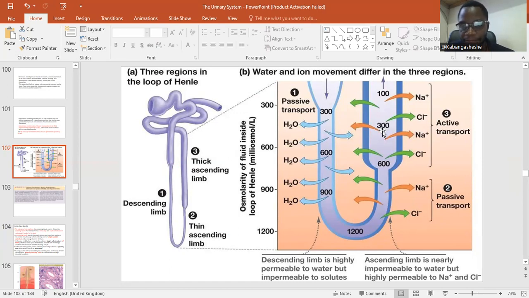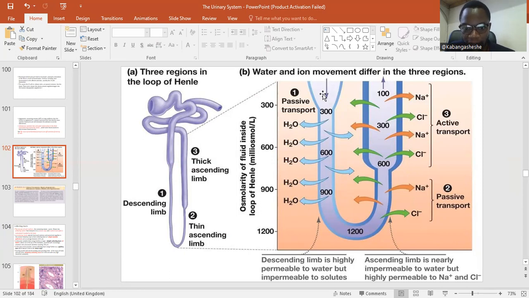At the same time, useful elements that were filtered during filtration, the body still needs them and we don't want to lose them in the form of urine. So all the useful elements like glucose, some minor proteins, and water itself, which is essential to body function, will be transported out of the renal tubule into the tissue of the kidney and then finally enter the blood vessels.